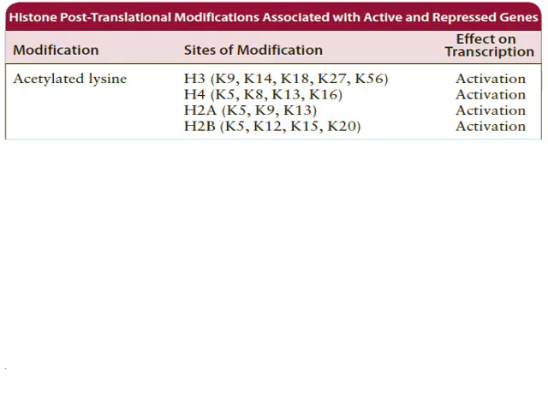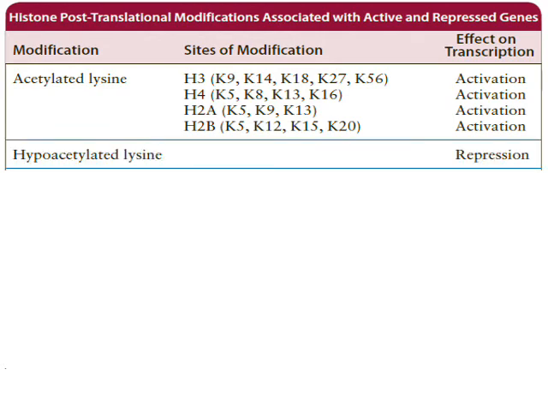You can see here the modifications on the histone tail. Lysine can be acetylated at positions on histone 3: K9, K14, K18, K27, K56, and there are a lot of examples of acetylated specific lysines on histone 4, 2A and 2B, and all these signals lead to activation. Generally, acetylated lysine leads to activation of gene transcription, while hypoacetylated lysine leads to repression.